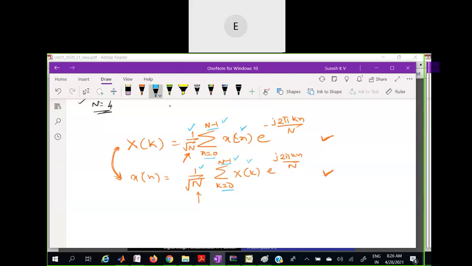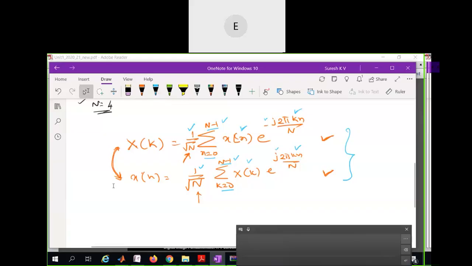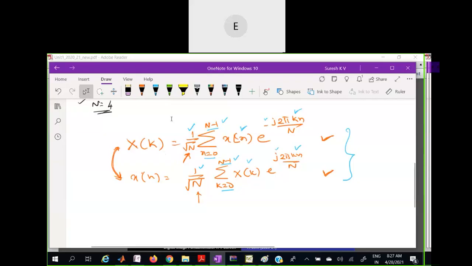There is an exponential term here and here. The only change is here it is negative, here it is positive. So both look similar now. This is normally the procedure that is followed for all transforms. Of course in the course you would have used 1 by N here, but we don't need to worry because it's after all a scale factor.